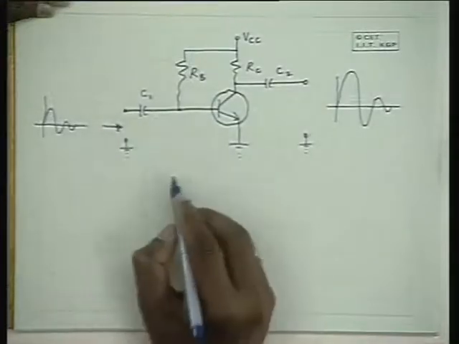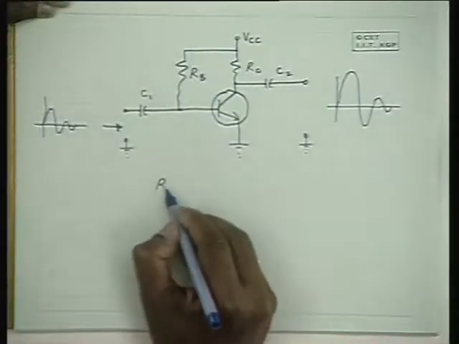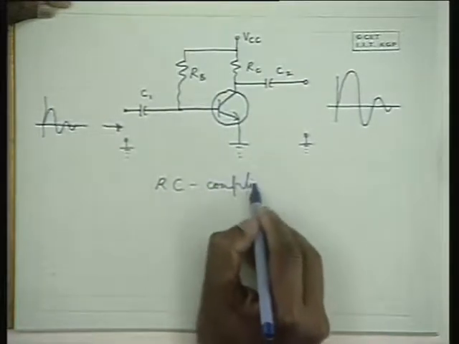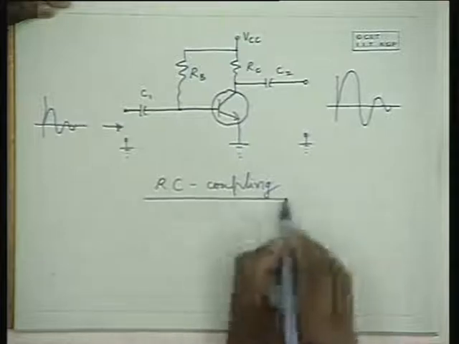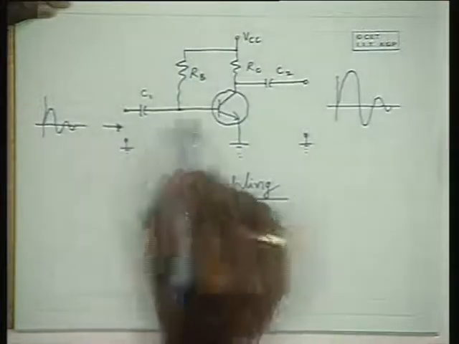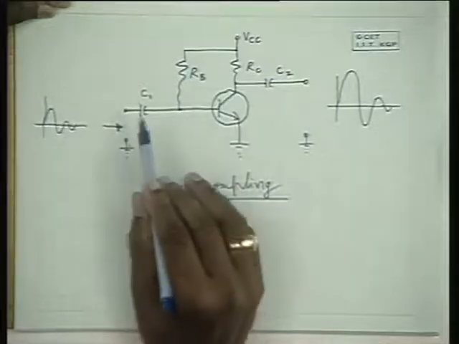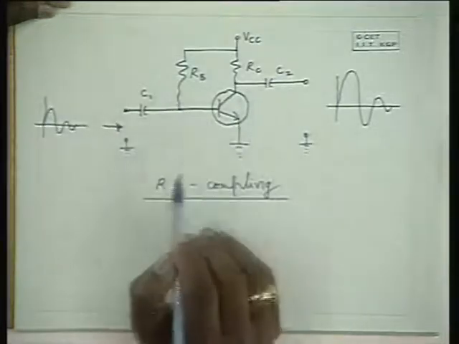So let me first talk about RC coupling. Rather, it's a capacitive coupling, and it has an internal resistance over here. Therefore it is called an RC coupled amplifier.